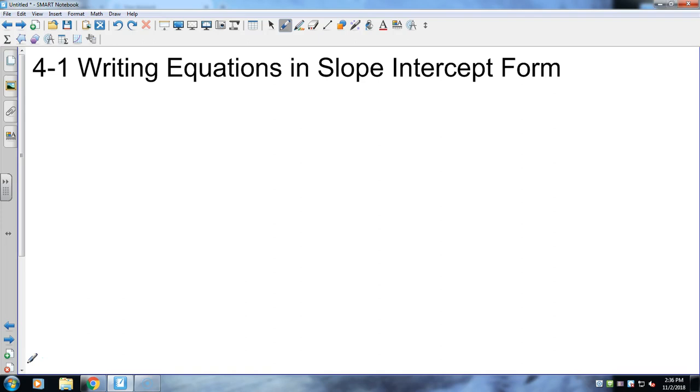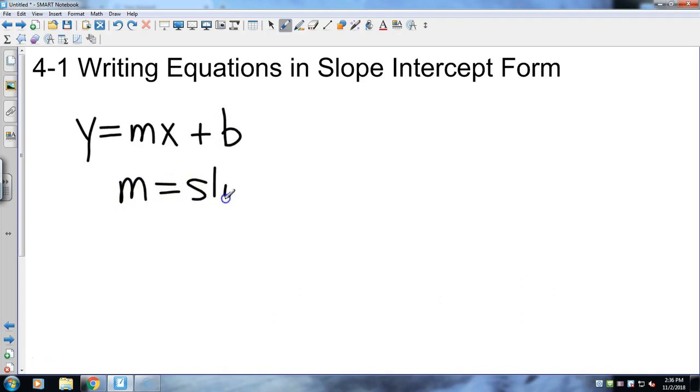So let's recall what slope-intercept form looks like. And that's y equals mx plus b. Remember where m is the slope and b is the y-intercept.